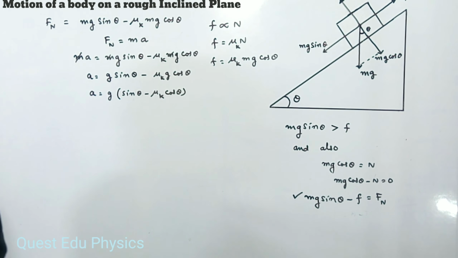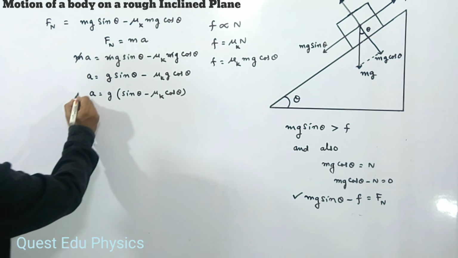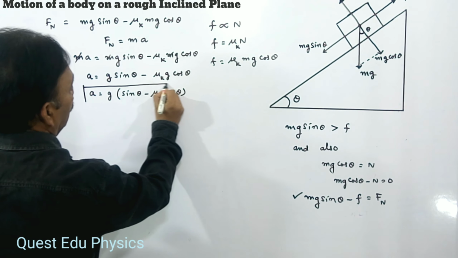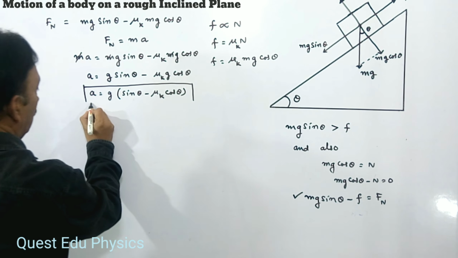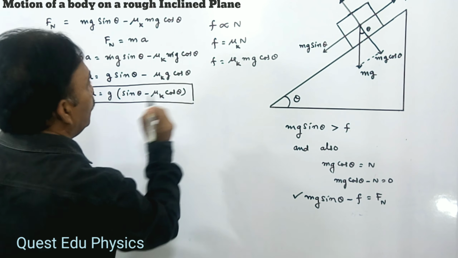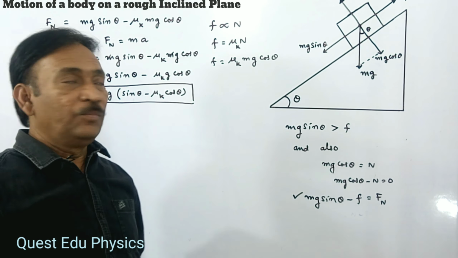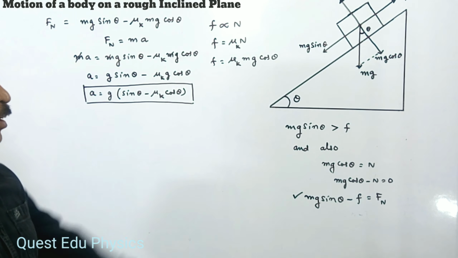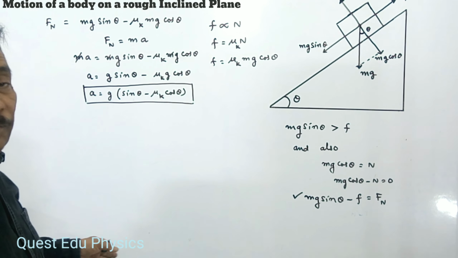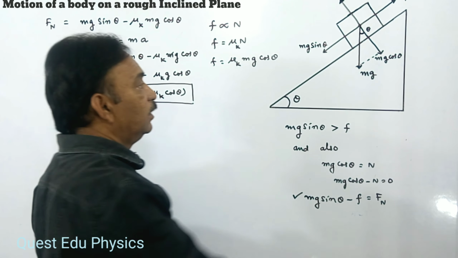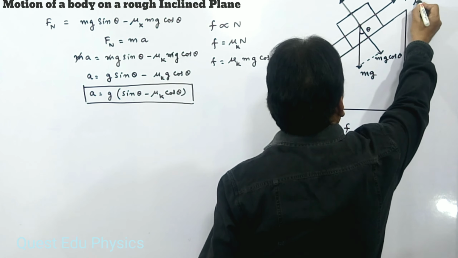Okay, students? In this way, we can calculate the acceleration of the body. I hope you understood how to calculate the acceleration of a body when it is moving down on an inclined plane which is provided with a friction mu.